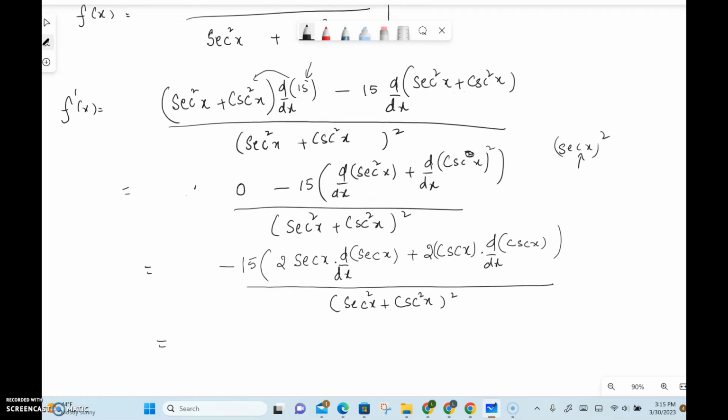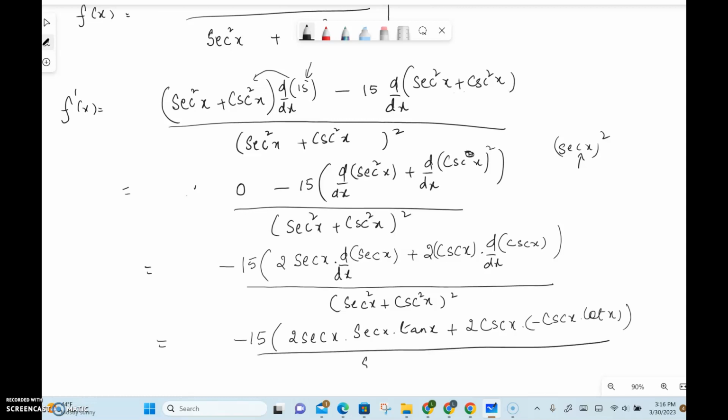And this is equal to negative 15 times 2 secant of x times secant of x tangent of x plus 2 cosecant of x times negative cosecant of x cotangent of x, the whole divided by secant squared of x plus cosecant squared of x the whole squared.